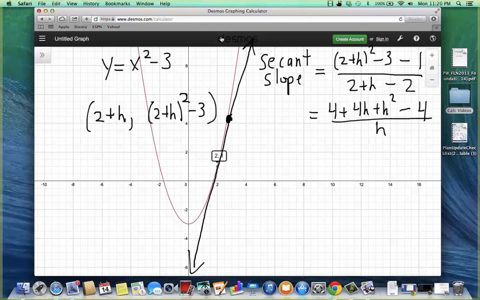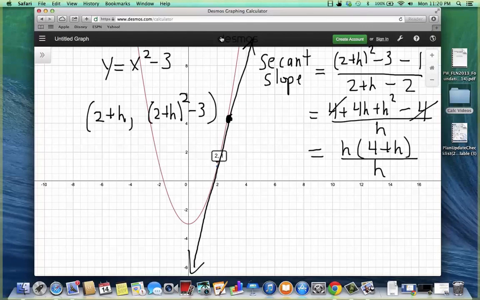Let's simplify this a little further. In the numerator, we see that the plus 4 and the minus 4 will cancel, and I'm left with 4h plus h squared all over h. But I notice a common factor of h in the numerator and denominator. Now I can factor the numerator as h times (4 plus h). The denominator is still h.